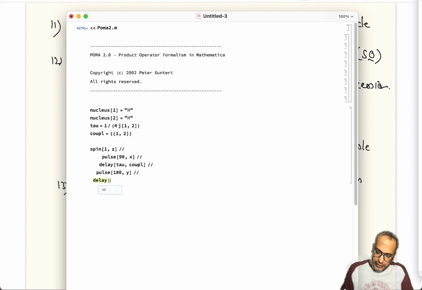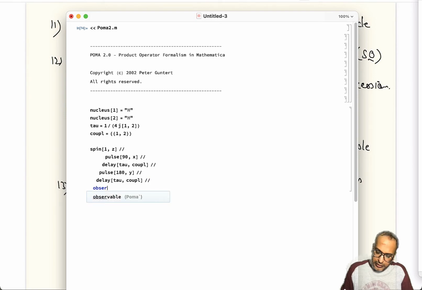This delay is again the tau delay with coupling evolving. Chemical shift evolution during these delays happens by default, although the overall chemical shift will be refocused. We will see that later, how chemical shift terms will come and then disappear, as we have learned earlier. So then the delay is over.